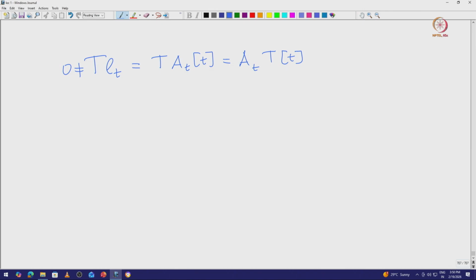Now T{t} is a linear combination of mu tabloids, by definition.